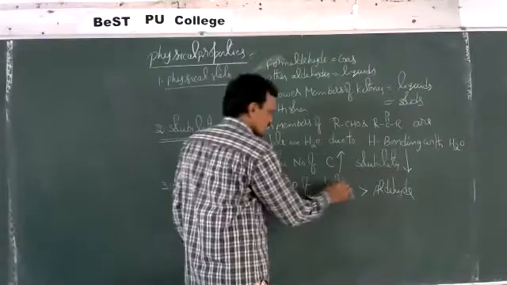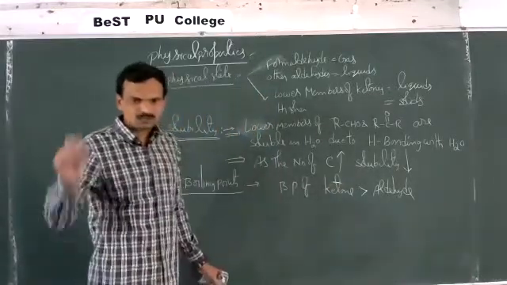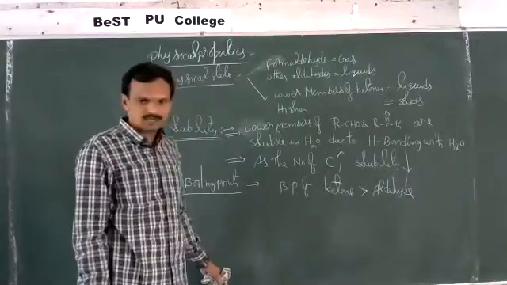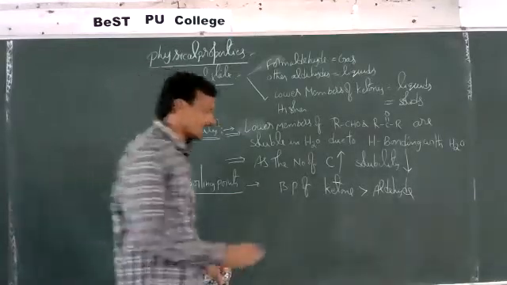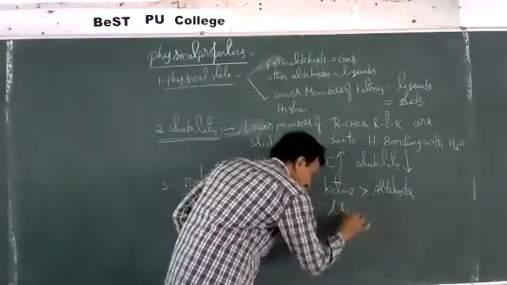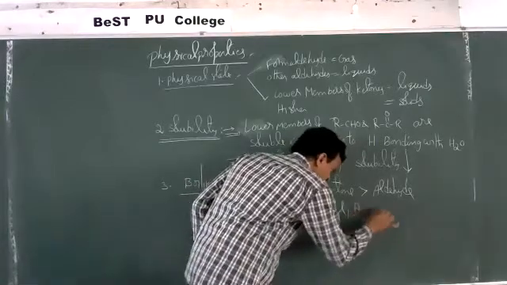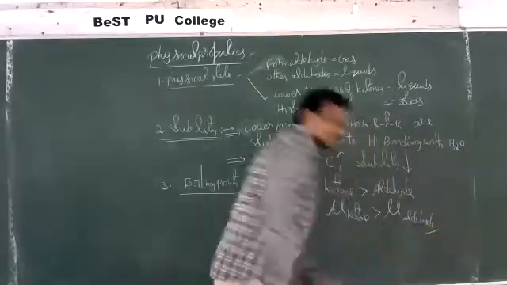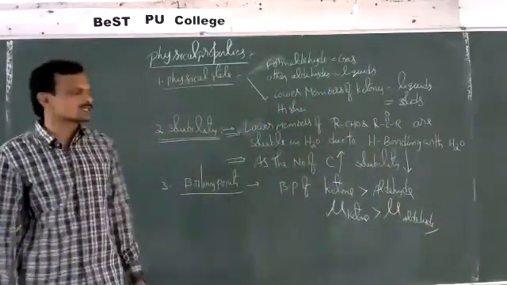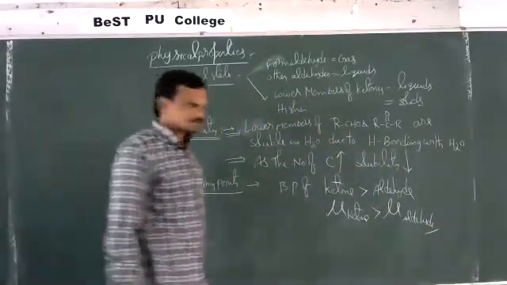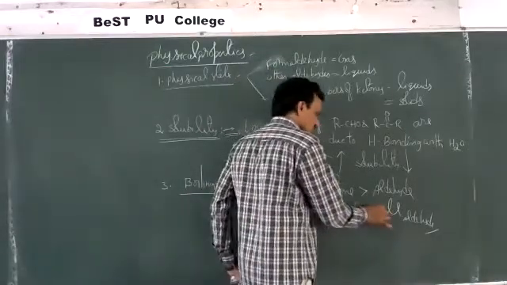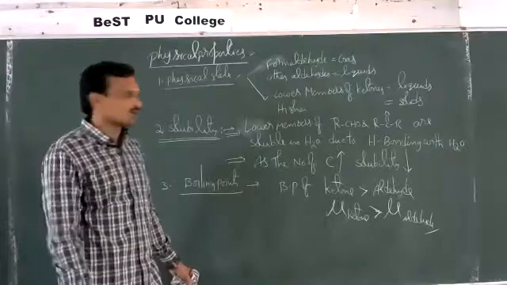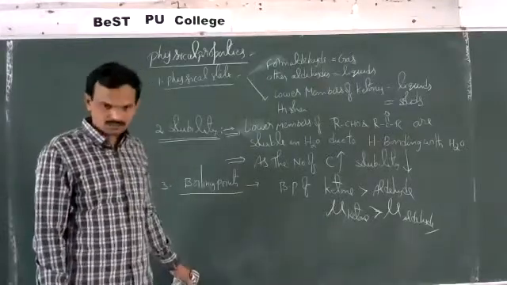Among isomeric aldehydes and ketones, the boiling point of ketone is more than aldehydes. The reason is the dipole moment, mu. The dipole moment of ketone is greater than that of aldehyde. As you know, in polar compounds, boiling points depend on dipole moments. Hence, the ketone possesses a higher boiling point.